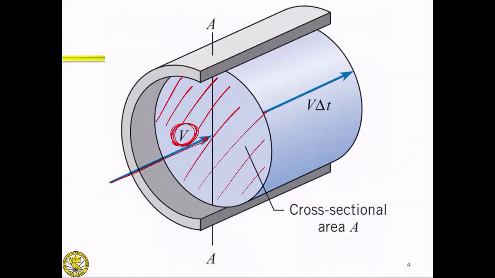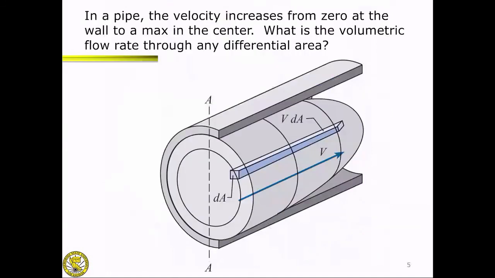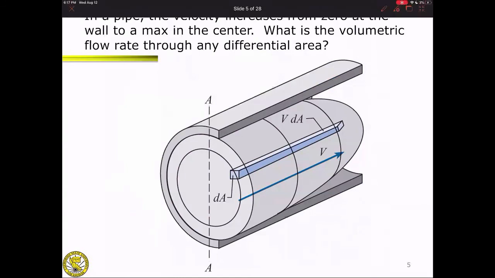So if you took a slice of the pipe, you have the area, where the area is just pi r squared, or pi over 4 diameter squared. You just calculate that cross-sectional area and you multiply it by the velocity at the center line, okay? So in a pipe, the velocity increases from 0 at the wall to a max at the center. I want to just quickly explain what that means.